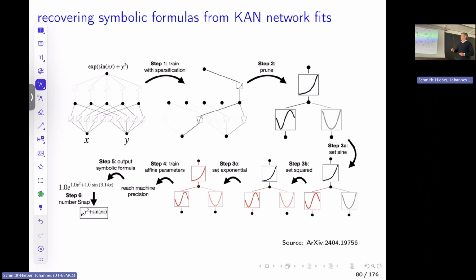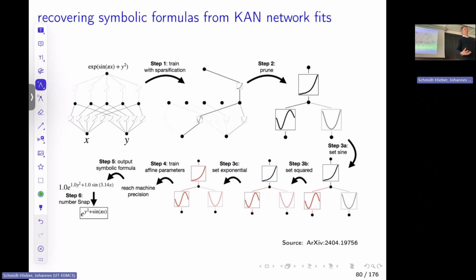And so they also do sparsification, and well, I mean, they take out some connections, and then they have a set of elementary functions that they're allowed to fit, and they do that in these activation functions, and based on that, they come to these formulas. So if you think about, I want something more interpretable, or I want to find Newton's law with neural networks, then this is maybe one way to get there.